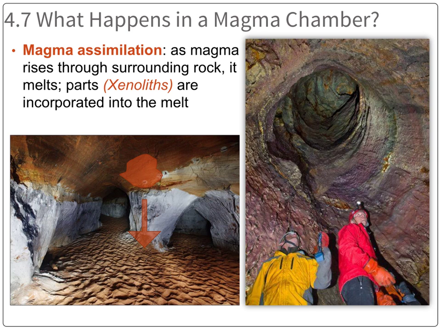And so the migration up through the surface layers provides an opportunity for the magma to pick up more felsic material, higher proportions of silica.